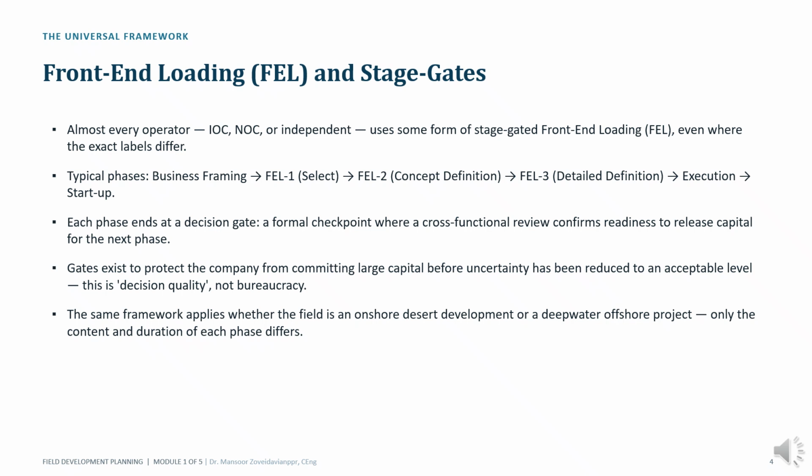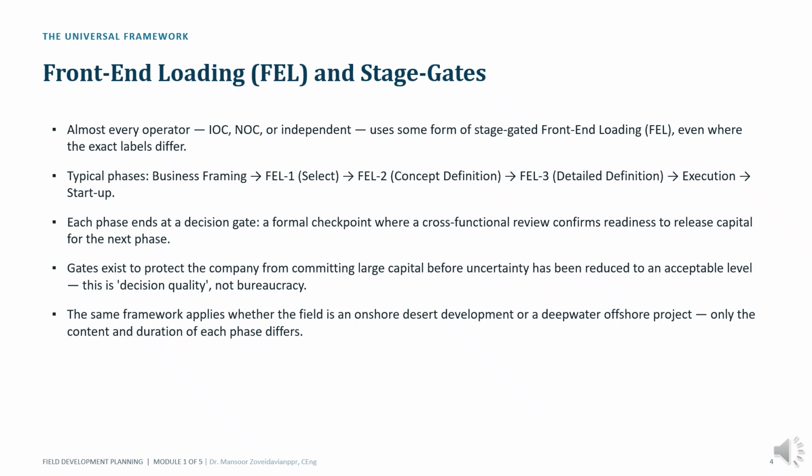The project moves through a series of phases, starting with business framing, then concept selection, concept definition, detailed definition, execution, and finally startup. At the end of each phase sits a decision gate. A gate is a formal checkpoint where management reviews the work completed and determines whether the project is ready to move forward. Notice that the objective is not to complete documentation for its own sake.